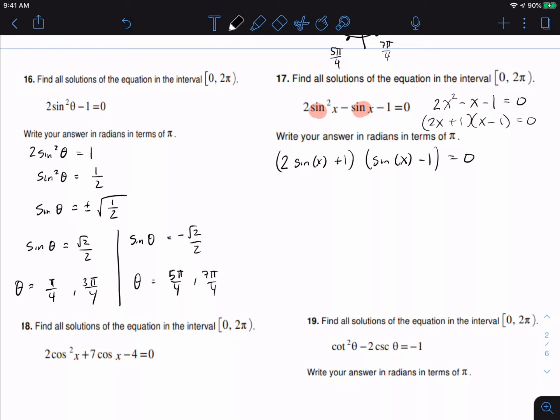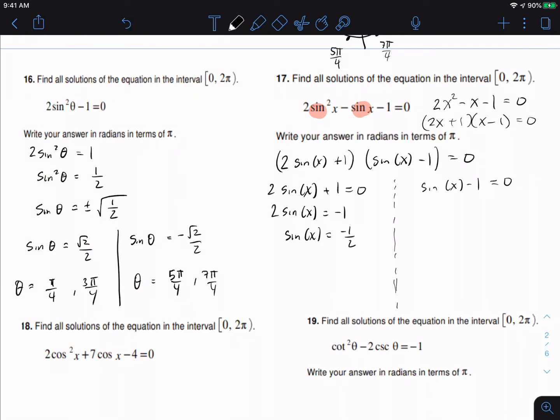Okay, so 2 sine of x plus 1 is equal to 0, and sine of x minus 1 is equal to 0. So the crux here is to be able to factor. So then here I'm going to get 2 sine of x is equal to a negative 1. Sine of x is equal to a negative 1/2.